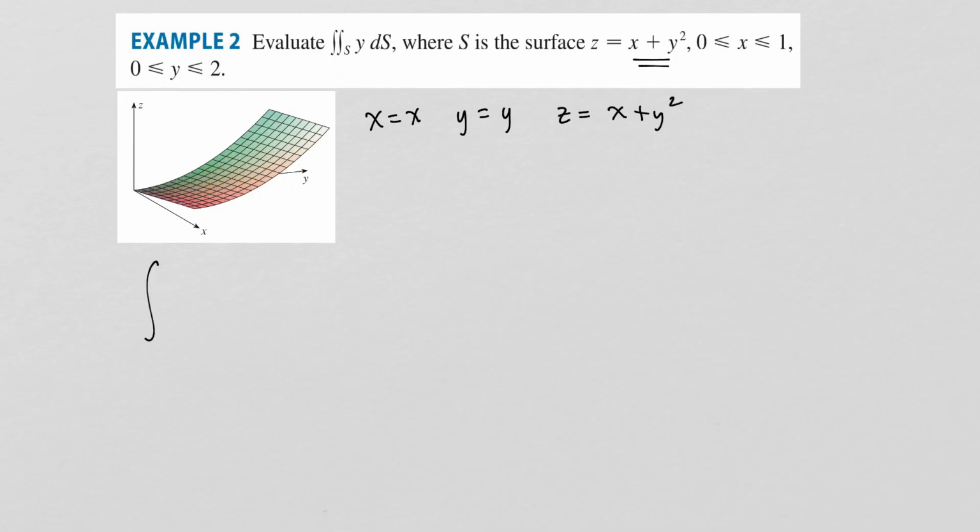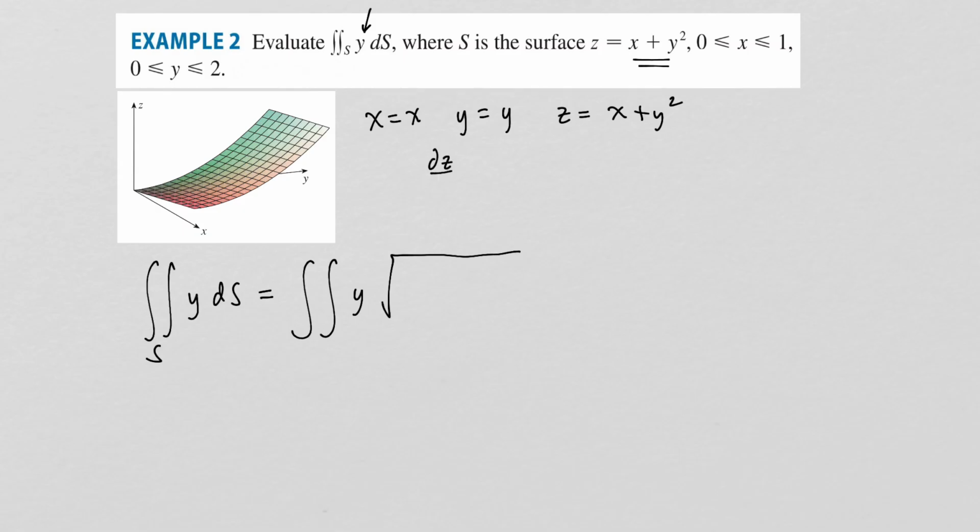And so the double integral over the surface S of the function y dS becomes the double integral of, well, y is going to just stay y, right? We don't have to change y. And then we do have to multiply by the square root of the partial derivative of z with respect to x squared.